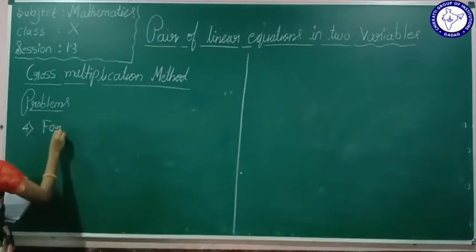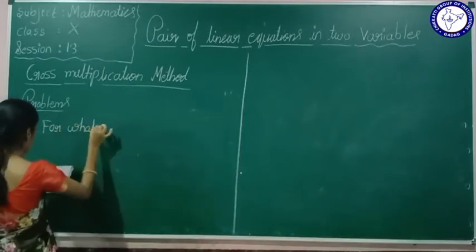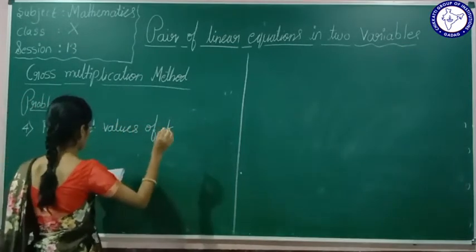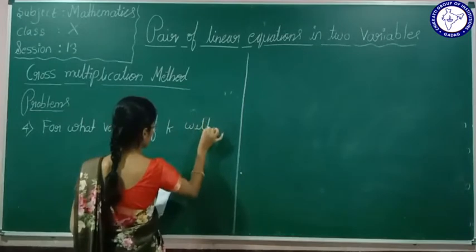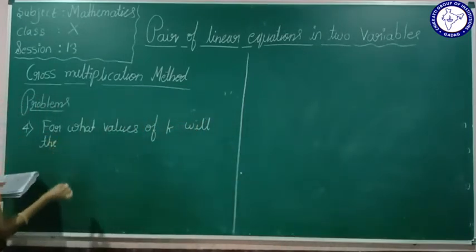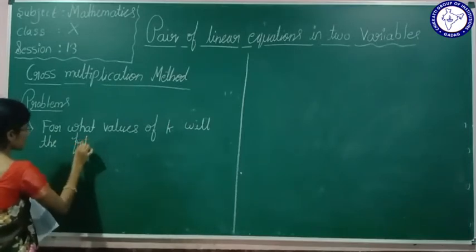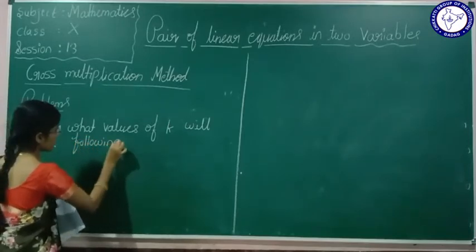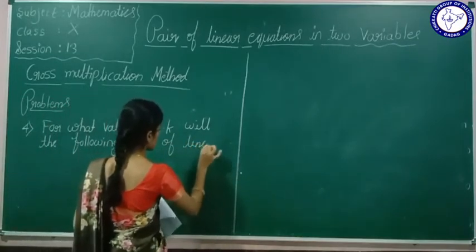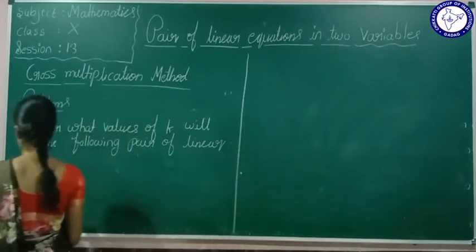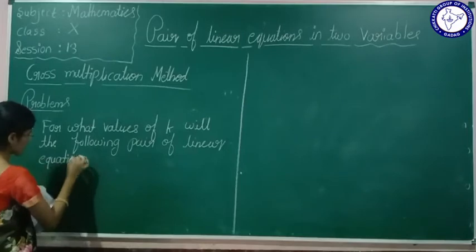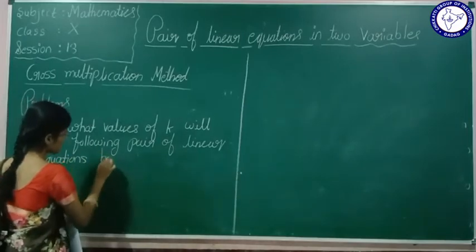For what values of k will the following pair of linear equations have infinitely many solutions?